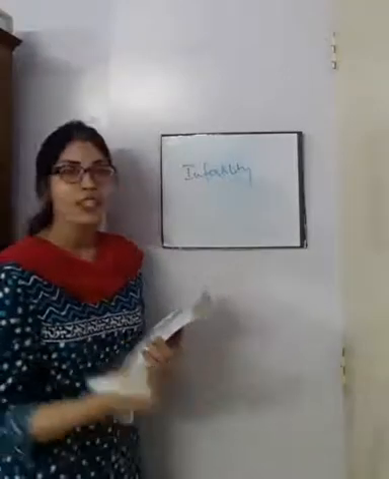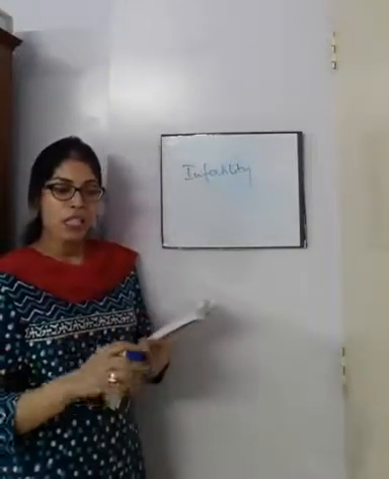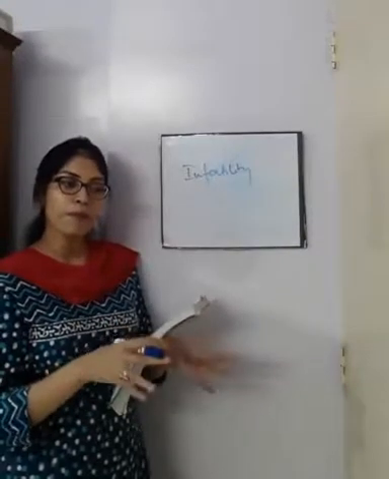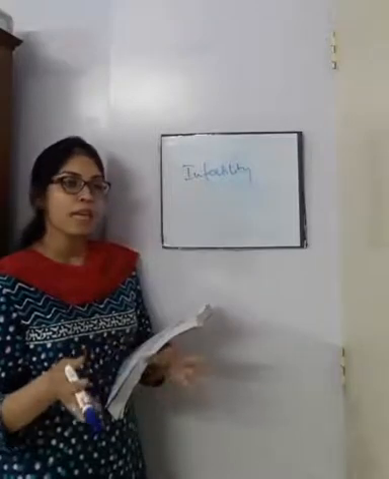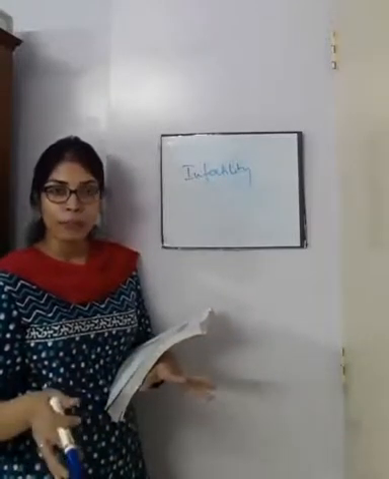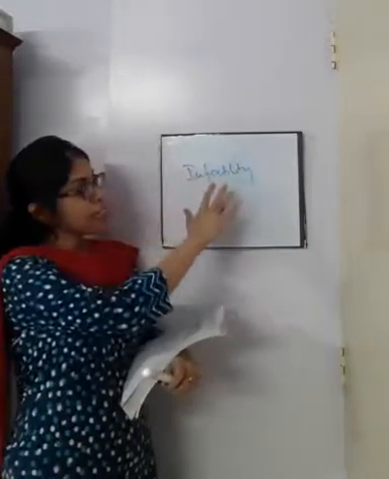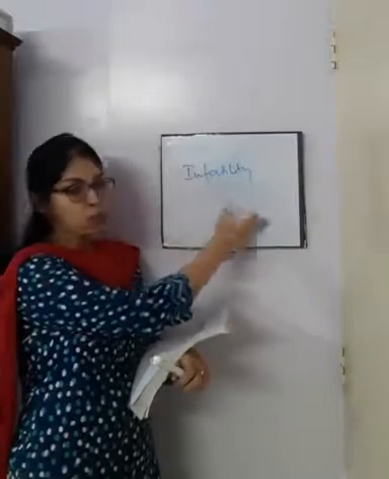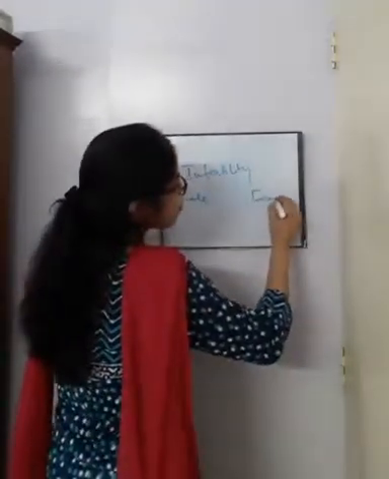Infertility is just the opposite: the person has certain problems, of various kinds, and those problems may be either in the male or in the female who are trying for a baby. Infertility can again be of two types: male infertility and female infertility.